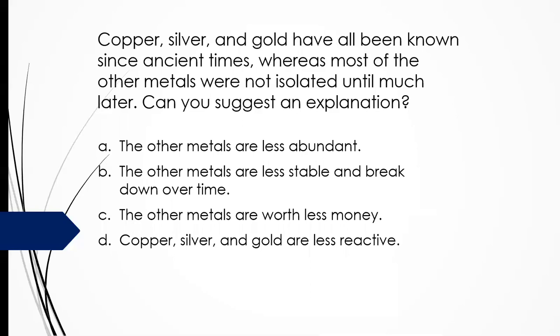And it's that copper and silver and gold are less reactive. So they were easy to isolate because they never broke down to begin with. Whereas things like lithium, sodium, potassium, calcium, beryllium, they were much harder for us to identify because they engaged in a lot more chemistry. And so it took more advanced stuff for us to be able to separate them out and purify them as metals.